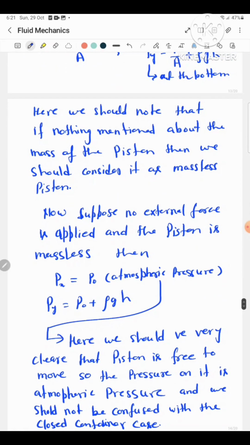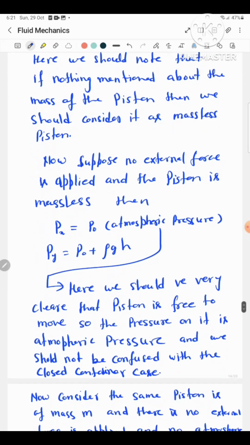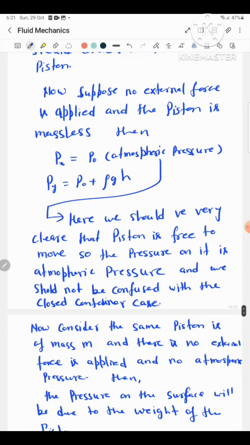Here we should note that if nothing is mentioned about the mass of the piston, then we should consider it as a massless piston.